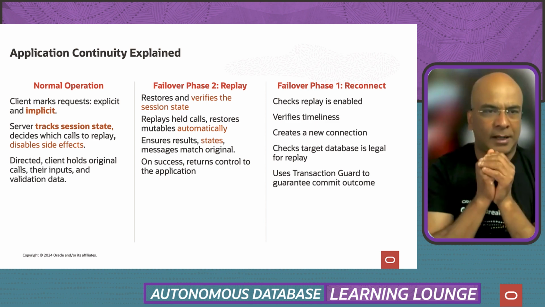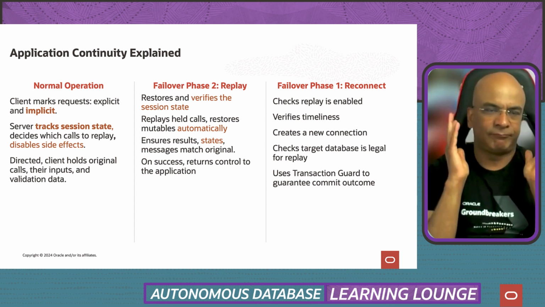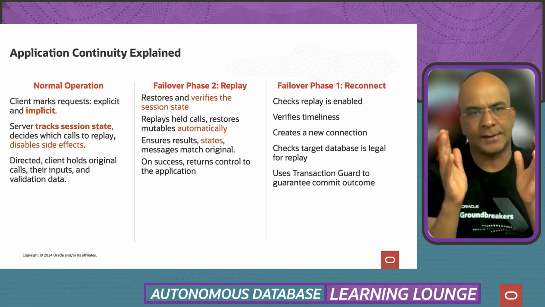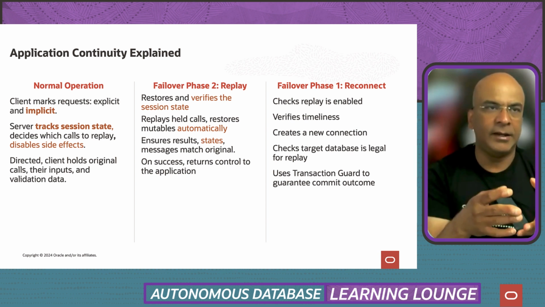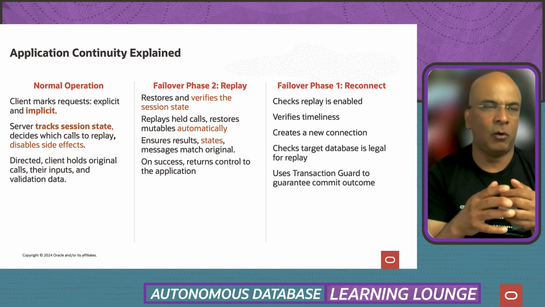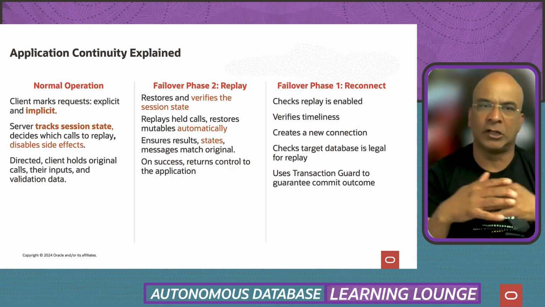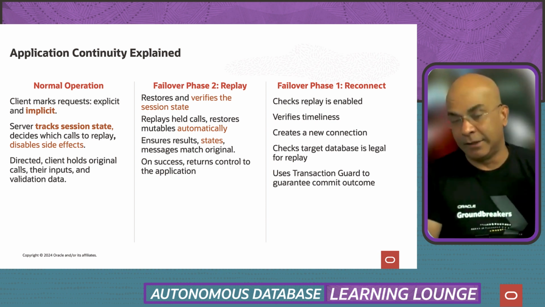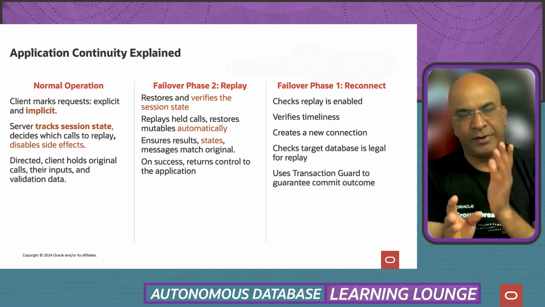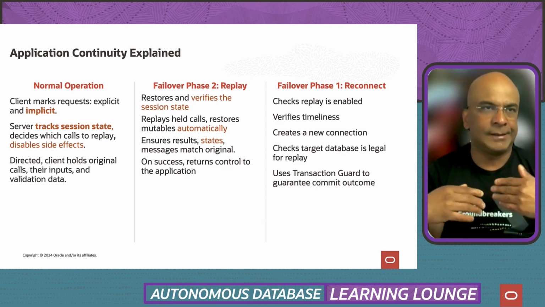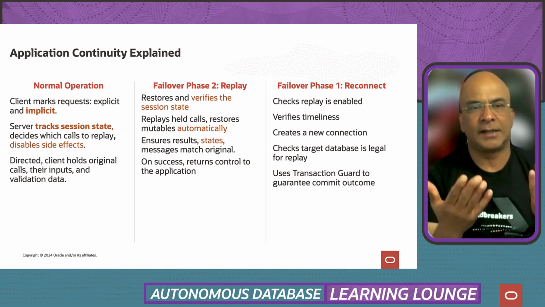So in a normal case, it's very easy. RAC has had the idea of detecting a failure and letting the application fail over to the other side for the longest time. I think even in 11.2 it was all working. The problem is, when you fail over, what do you do? Is the commit outcome of the last thing understood?